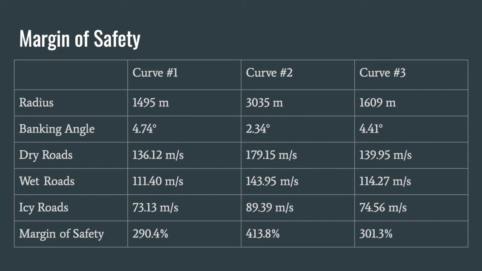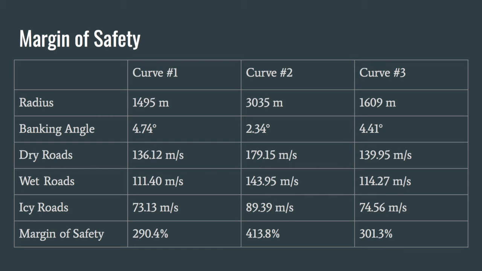Alright, so this table is a compilation of all of our calculations for each curve. So using the radius, banking angle, and coefficient of friction for dry roads, wet roads, and icy roads, we found the maximum velocity, and comparing these maximum velocities on the dry roads to the 78 miles per hour or 34.87 meters per second, we found the percent increase for the margin of safety.